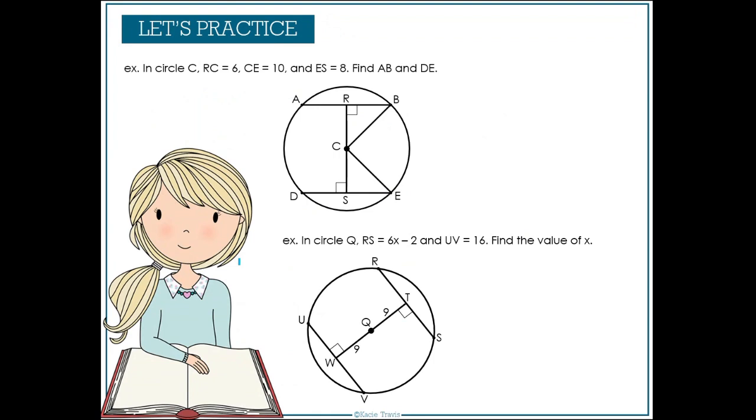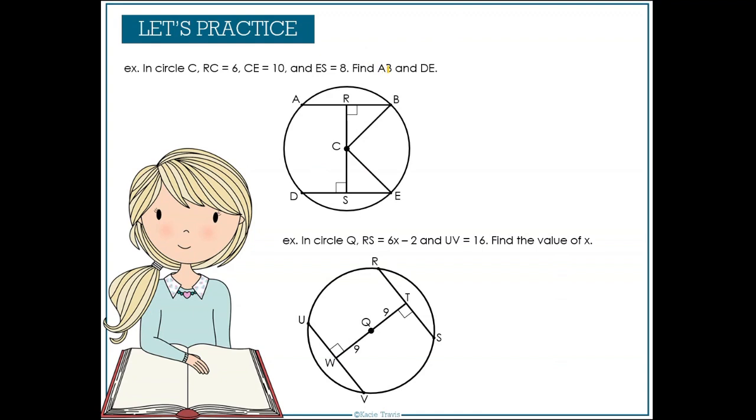Let's take a look. In this circle, C, RC and CE are the following. They are 6 and 10 respectively. And ES is 8. They want us to find the value of AB and DE. So let's mark off where AB is, okay? I'm going to go through and use different colors just so we can focus on them.